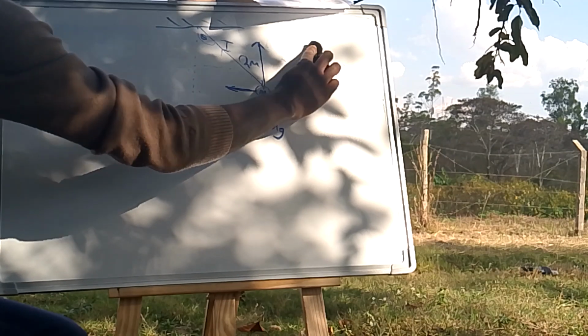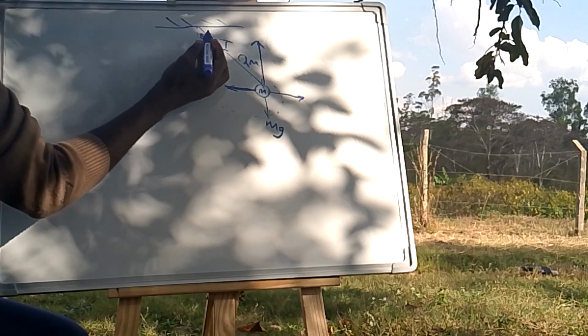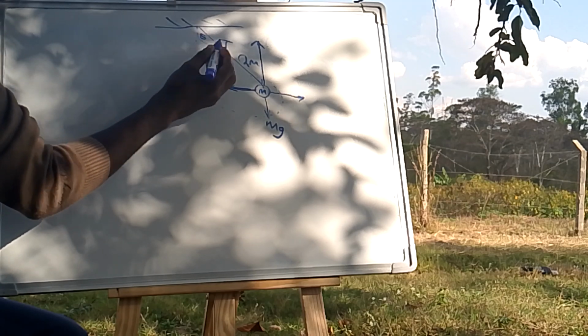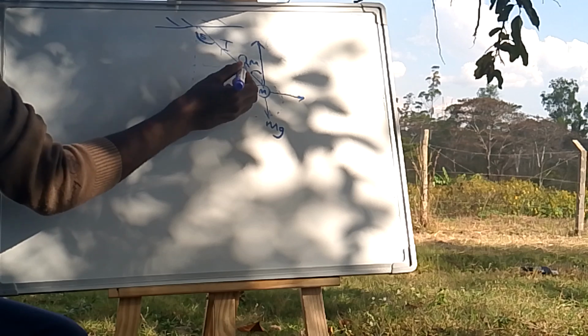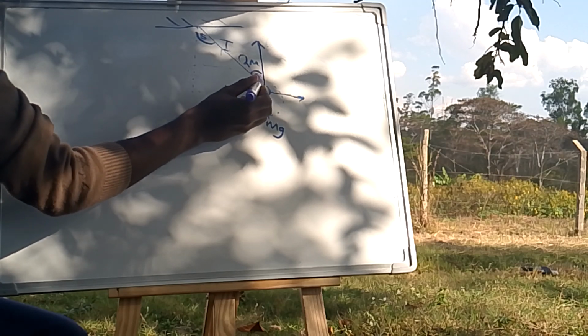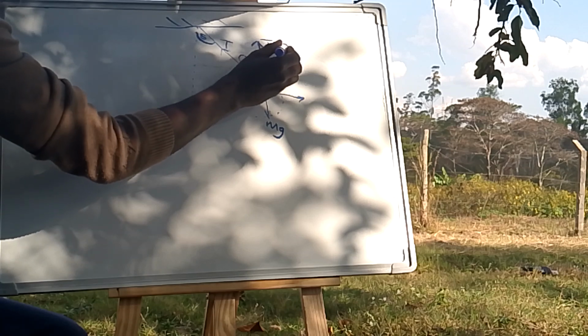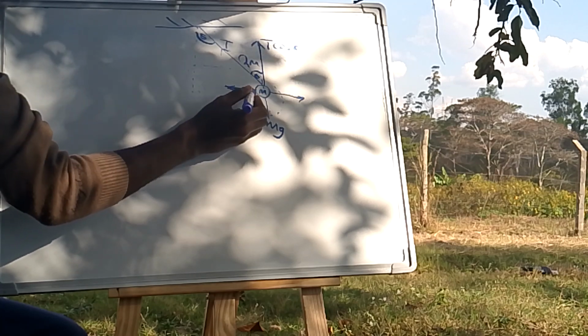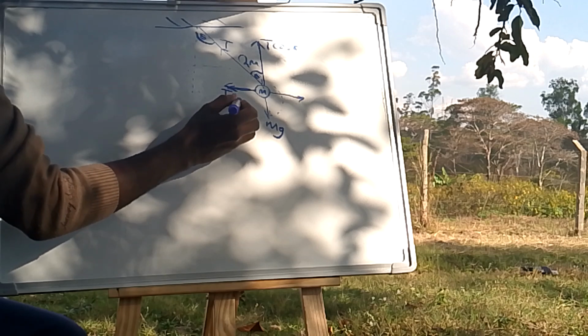If the angle is here, then alternate angles are equal, so here we have the theta. The side that is cut is going to carry T cos theta. Then the side that is not cut is going to carry T sin theta.